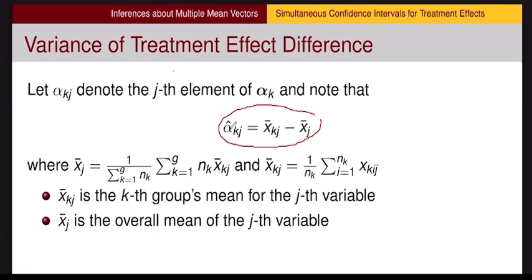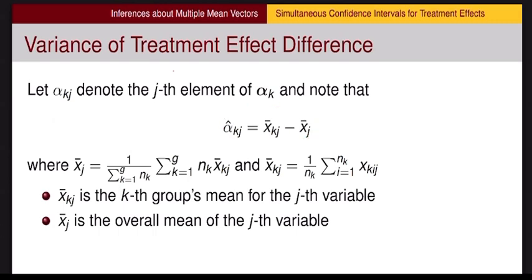The variance of this plays a crucial role in the pooled variance that we use in the test statistic, and also plays a huge role in the construction of confidence intervals.